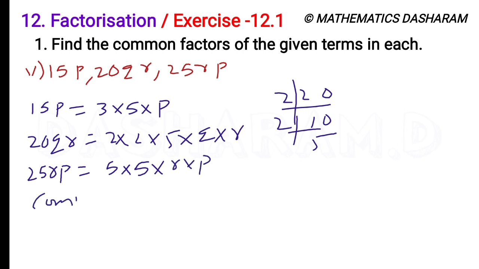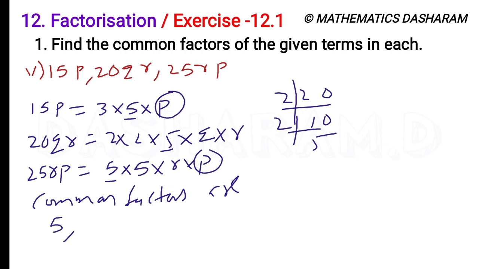So now the common factors are: here, is any one common to all 3? No. So only 1 5 is common from the 3 terms together. Next, p is common only in the first and last, but it is not in the second one, so it is not common. So only 1 5 is common. So here only one common factor.